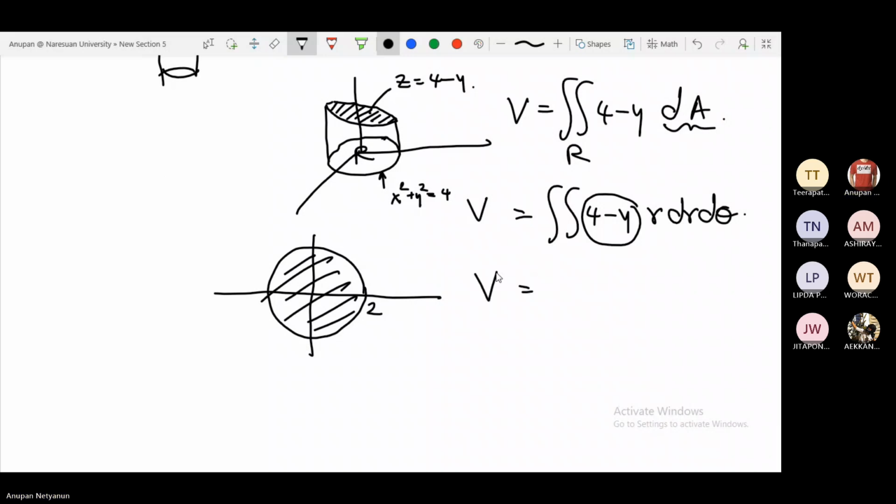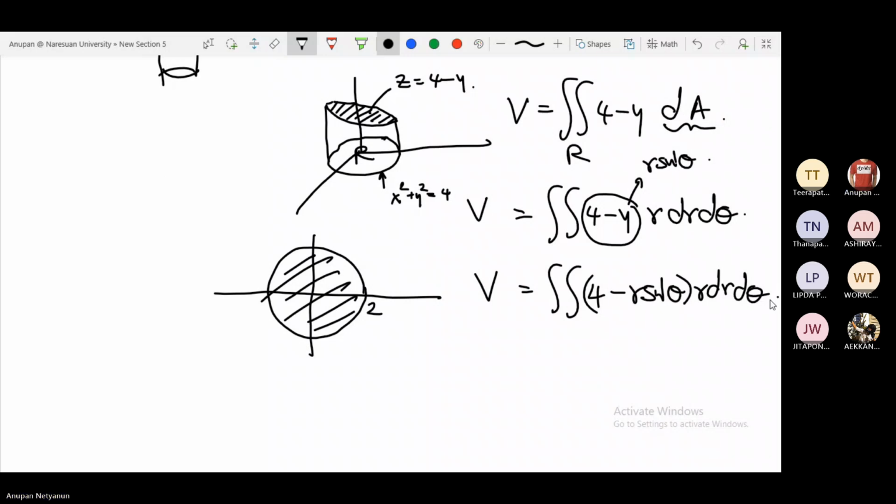But you know that y can be changed into r sine theta, right? So inside it's going to become 4 minus r sine theta, multiplied by r dr d theta.